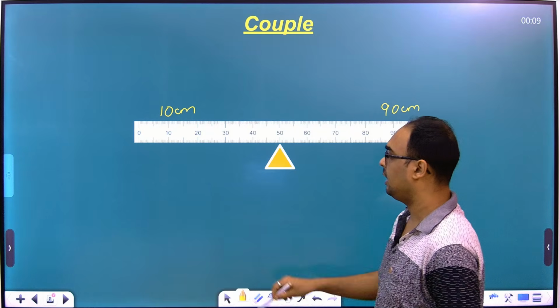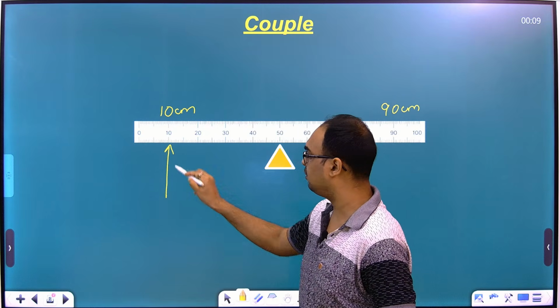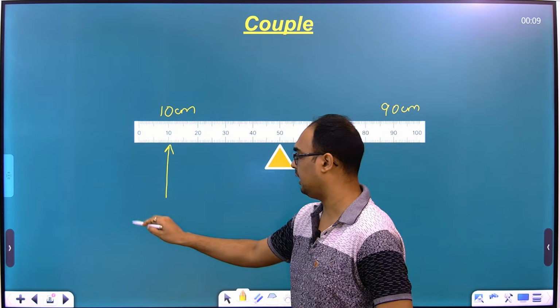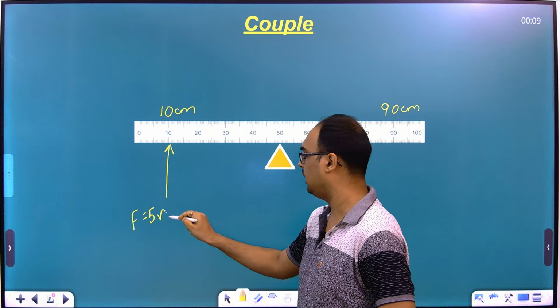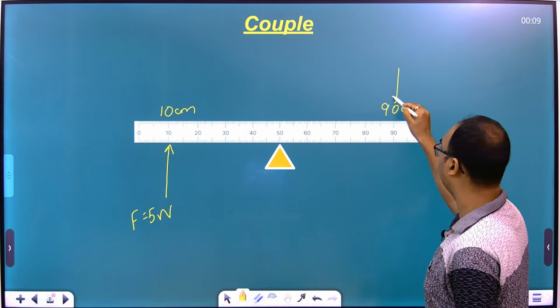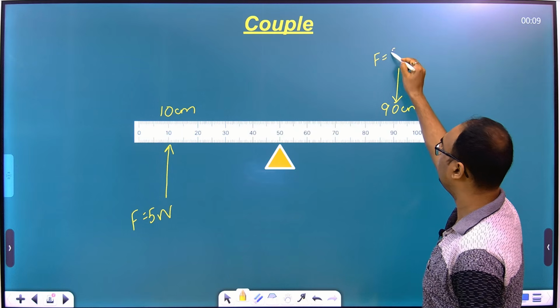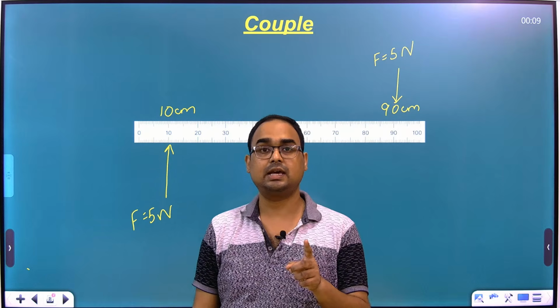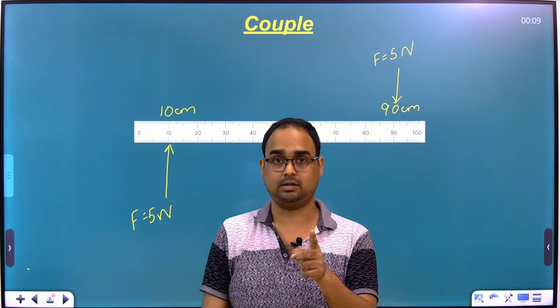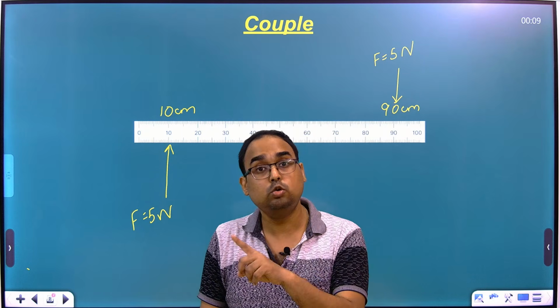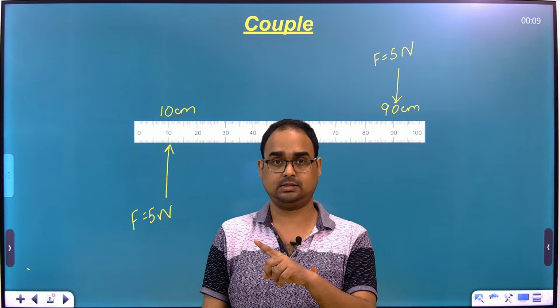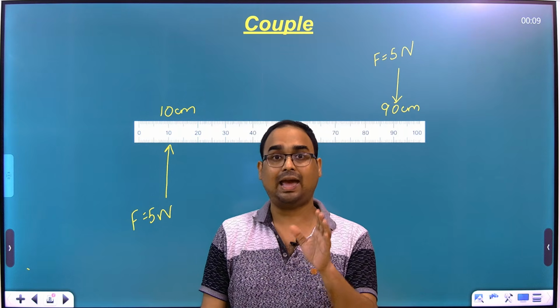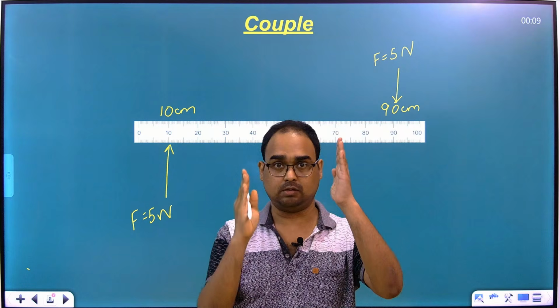This time I am applying one force from the bottom of 5 Newton, F equals 5 Newton, and a similar force from the top, F equals 5 Newton. So two similar forces act on the same body but at two different points, and they are parallel to each other.